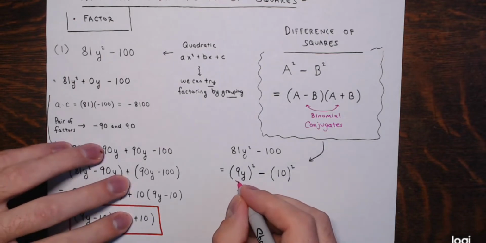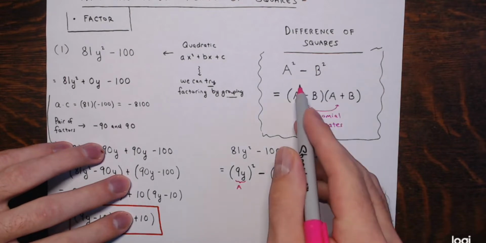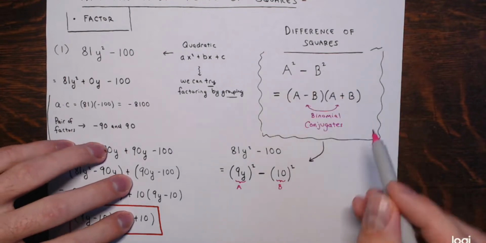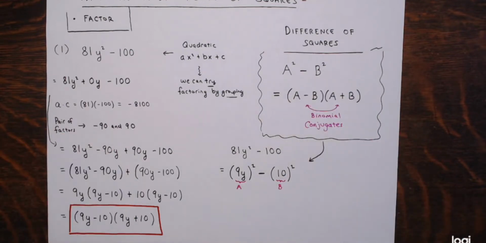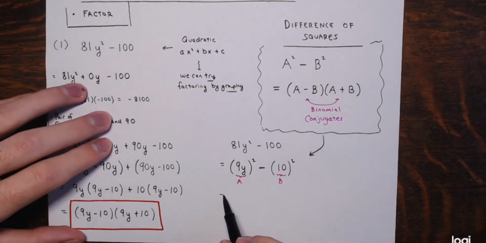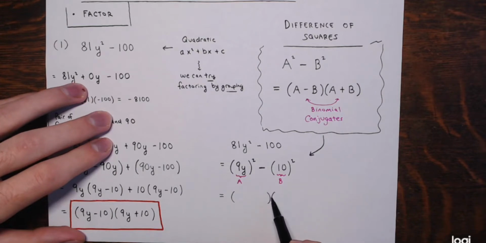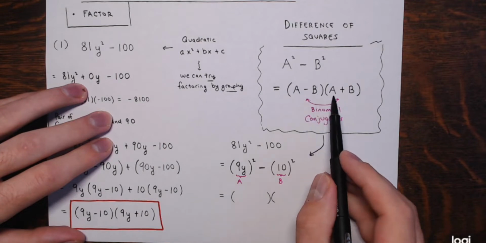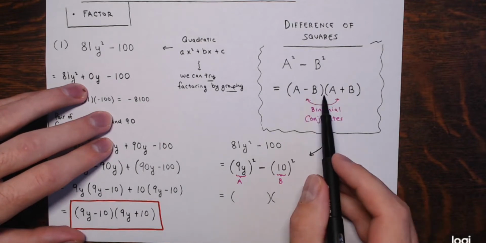So I have a difference of squares here, a difference of 2 squares. And if you think of the 9y as the capital A in my little formula, and the 10 as capital B in the formula, then if you recognize that you have a difference of squares, you can easily factor this and write it as a product. It can be a minus b times a plus b, or a plus b times a minus b.